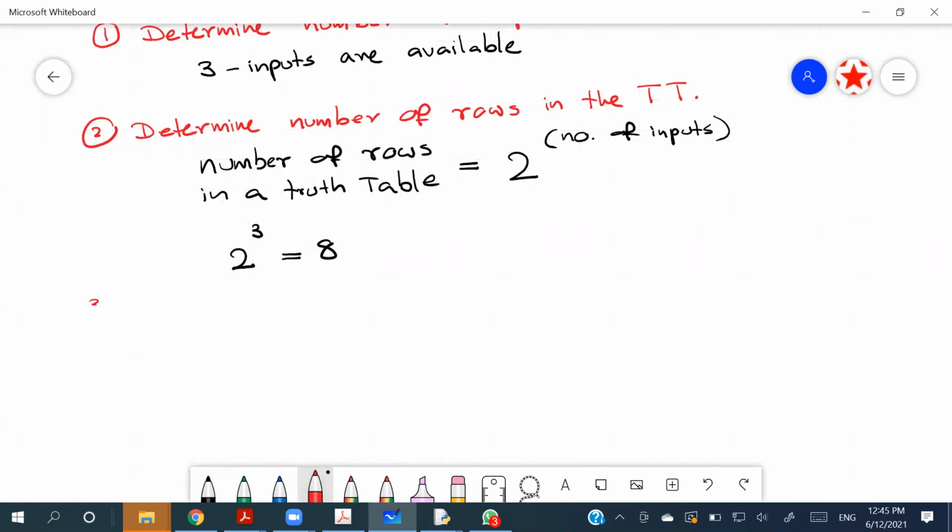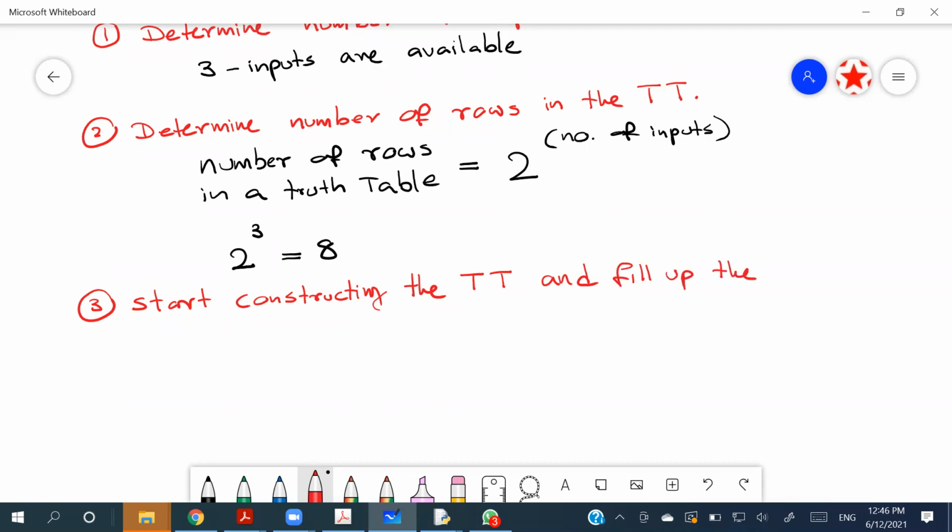Then the third thing that we need to do is draw one particular column per input and fill out the combinations, right? So start constructing the TT and fill up the possible input combinations.